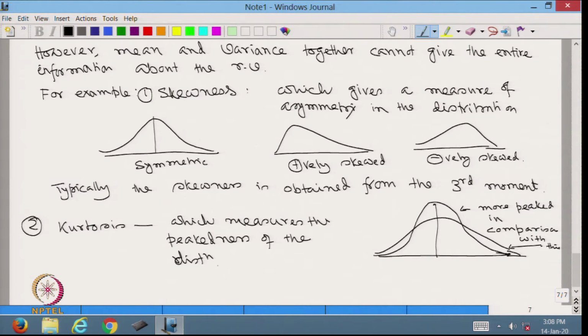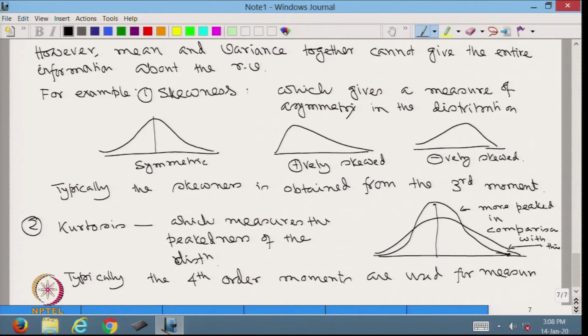How to measure that? Typically, the fourth order moments are used for measuring kurtosis.